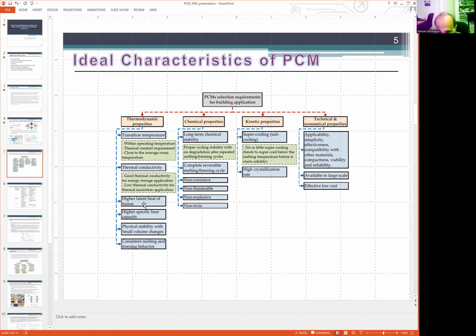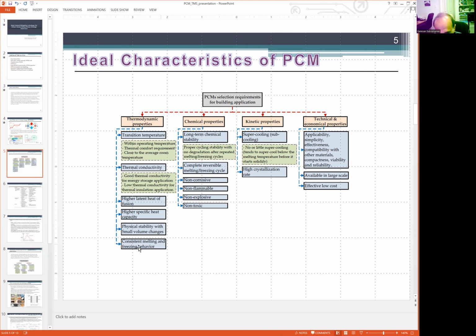Now we need a high latent heat of fusion compared to the sensible heat storage, and for which you need a higher specific heat capacity, and you need physical stability with small volume changes.